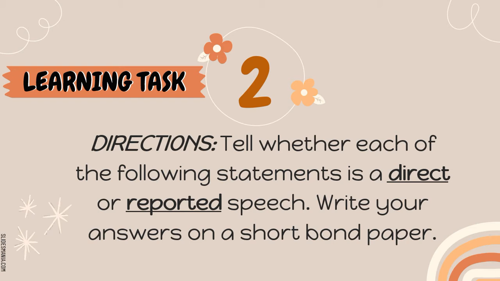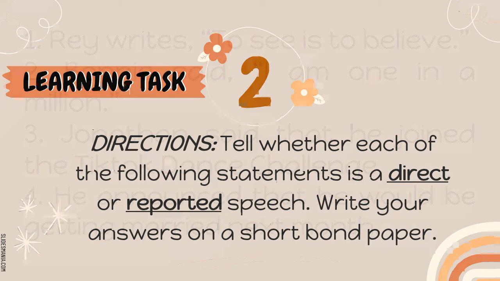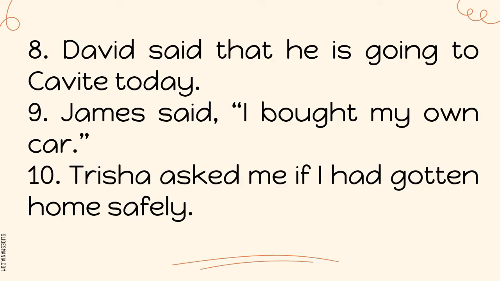Direct or reported speech. So we have here 1 to 4, and then 5 to 7, and then 8 to 10. So all in all, that is 10 items. You just need to identify whether it is a direct speech or a reported speech.